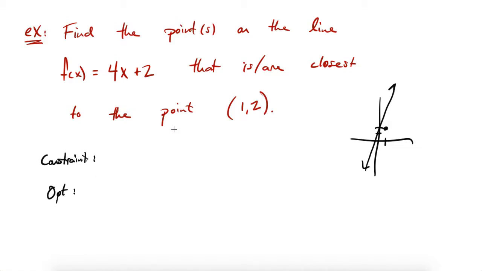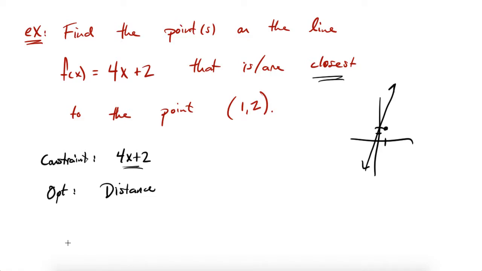The constraint is that our point has to be on the line 4x plus 2. This is where we're getting our point. So we're trying to find something that's closest to this. And if we could choose anything, we would just choose this one, because that's obviously the closest. But the constraint is we're choosing something that's on this line. What we're trying to optimize is distance, right? So we don't see maximum or minimum, but we do see the language closest, which means minimum distance.